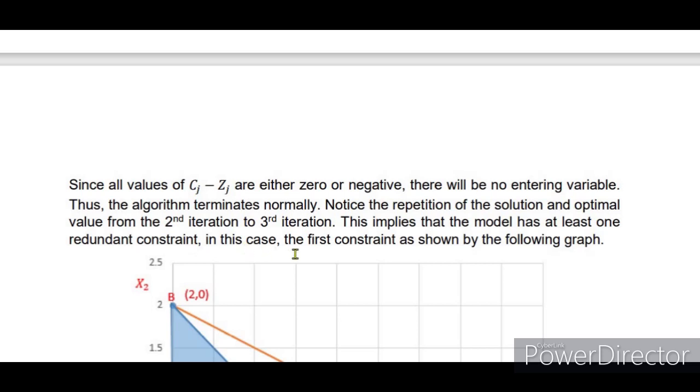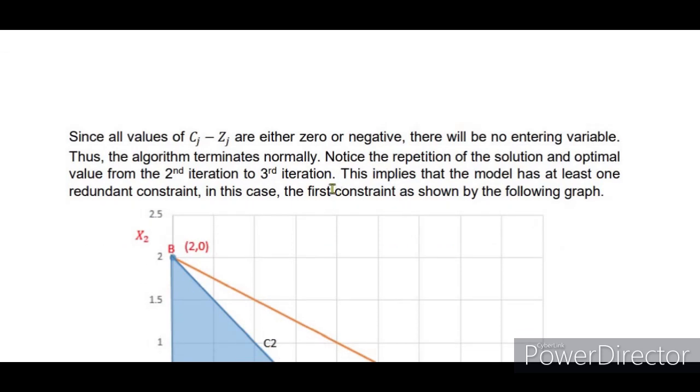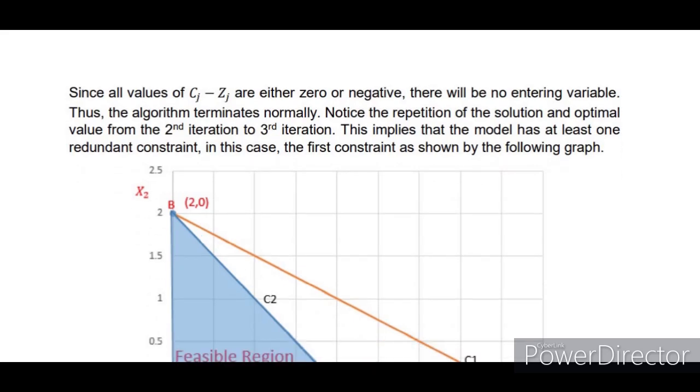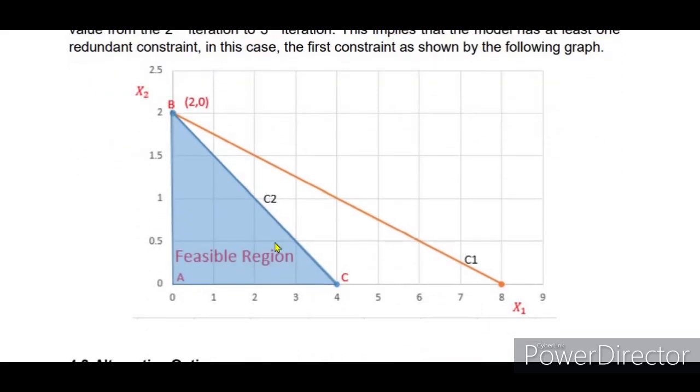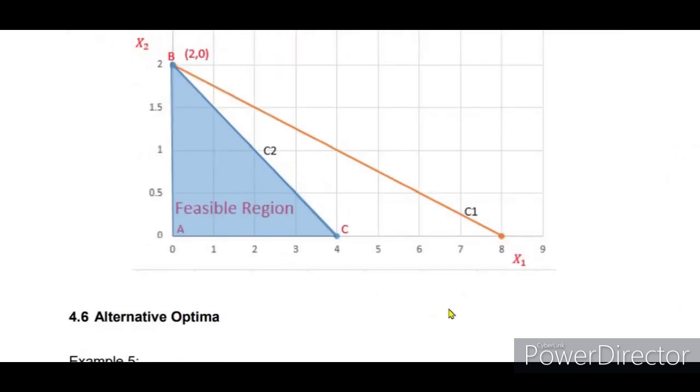In this case, it has a redundant constraint when we encounter that repetition. So this is the first constraint, as shown by the following graph. As you notice, we have a redundantness of the solution. Okay? So this is the redundantness.